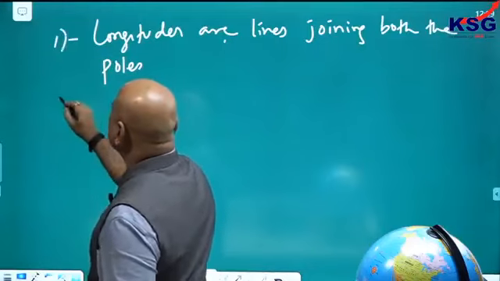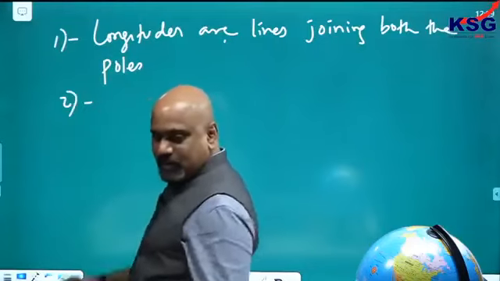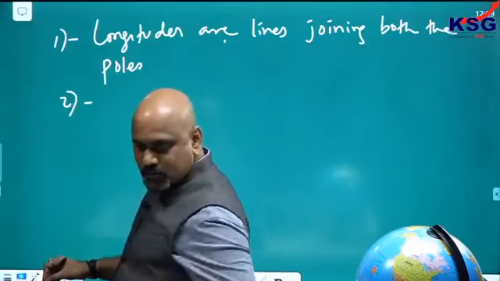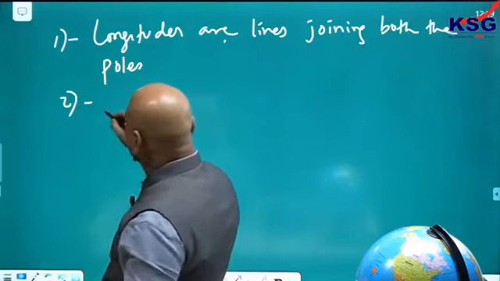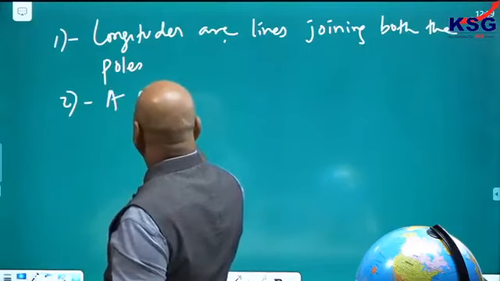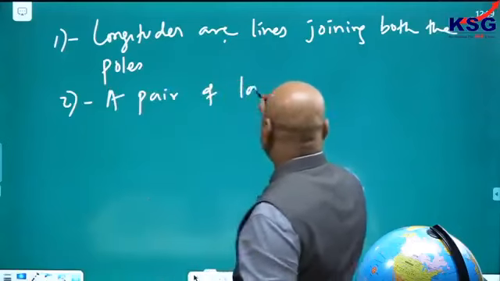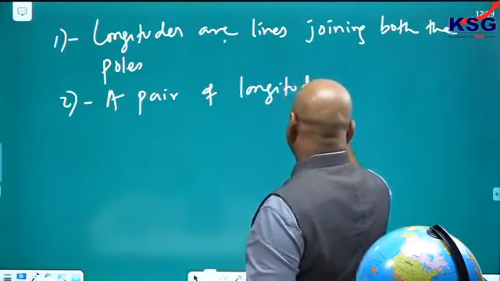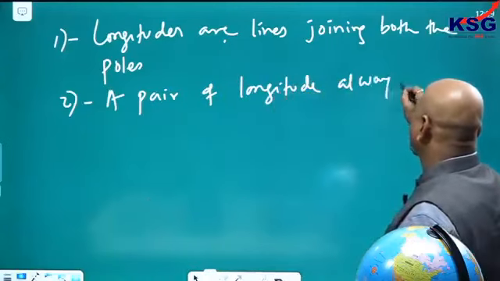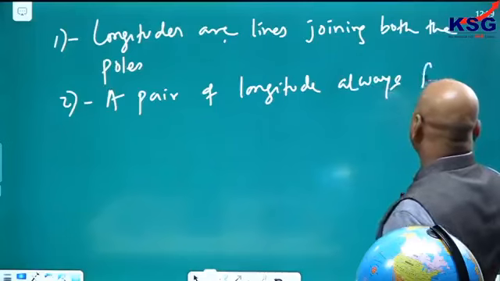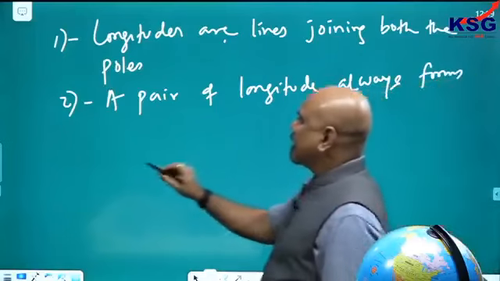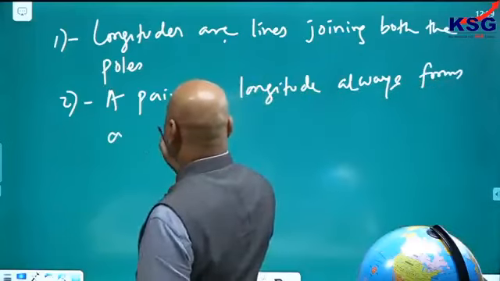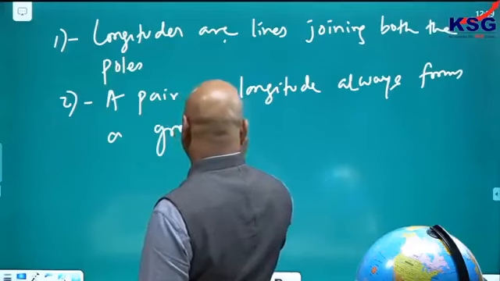In the layman sense, I am saying a pair of longitudes always forms a great circle.